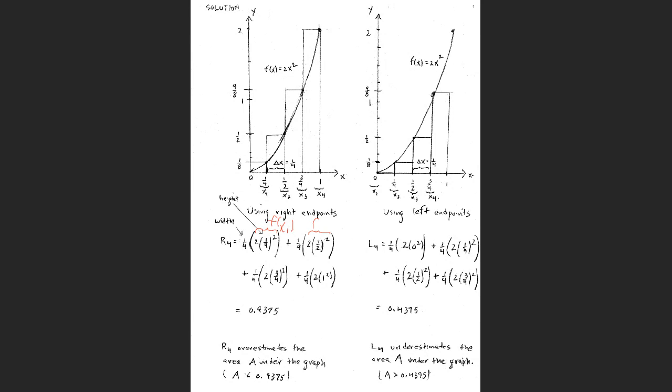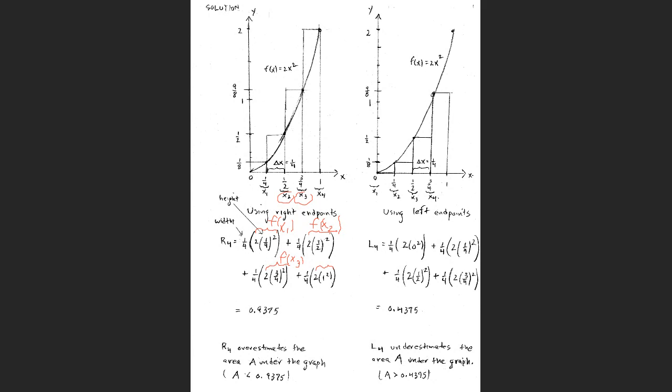Evaluate the function when x equals a half, but a half is x sub 2, right? So that's f of x sub 2. 2 times 3 fourths squared, that is when x was 3/4, but that's x sub 3 then. I want to make sure that you're getting the connection here, because you're about to learn something really amazing.